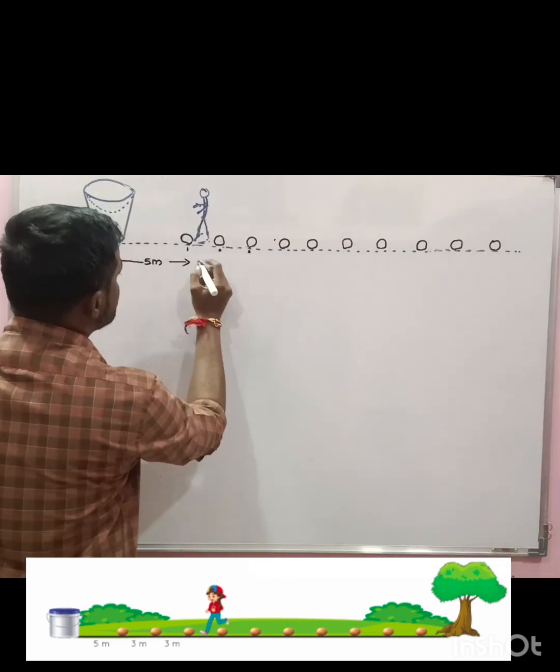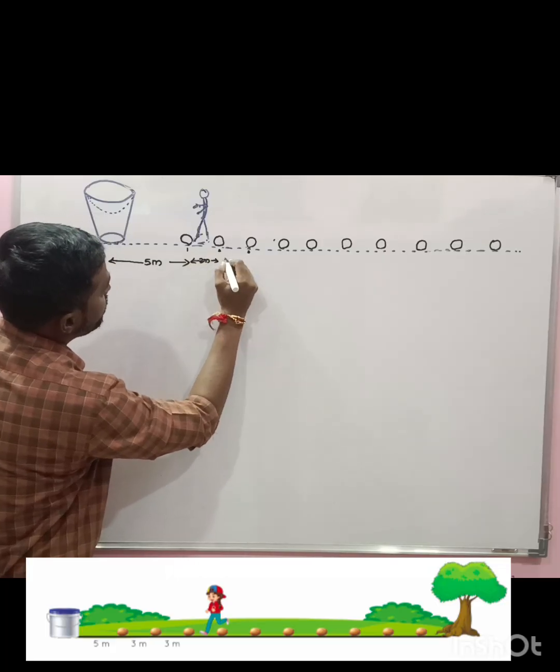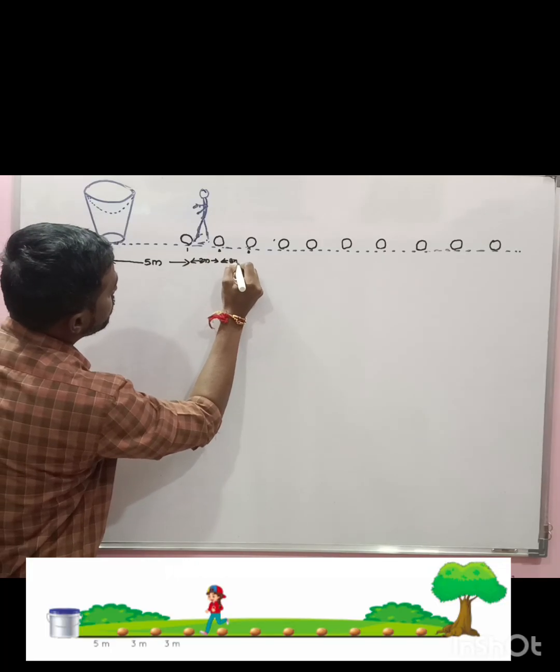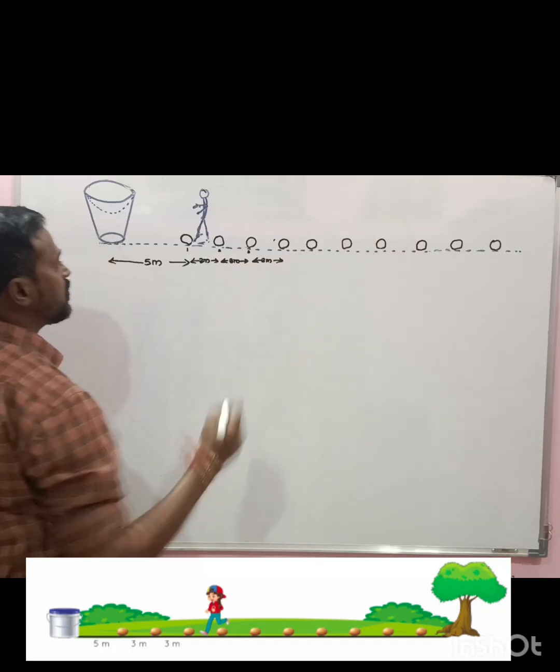We all know the distance between the second potato and third potato is 3 meters. Here also 3 meters, here also 3 meters, and so on. First, let us try to find it for the first potato.